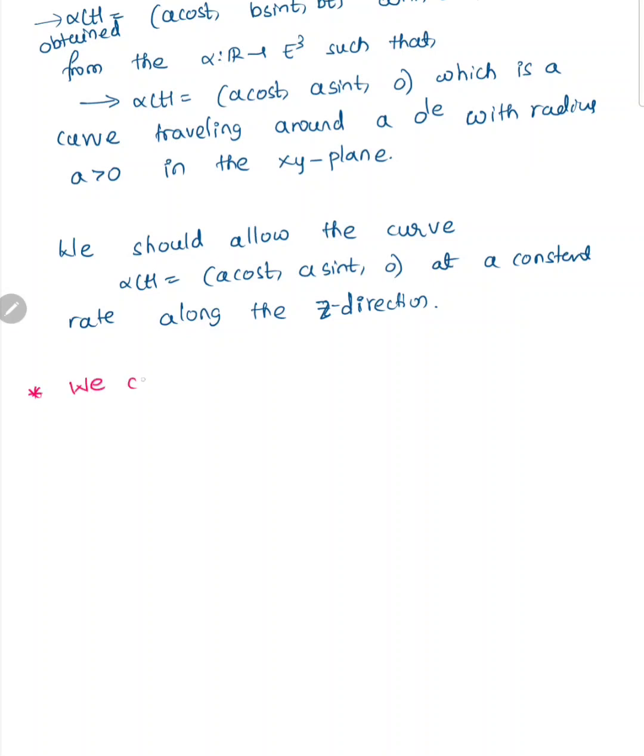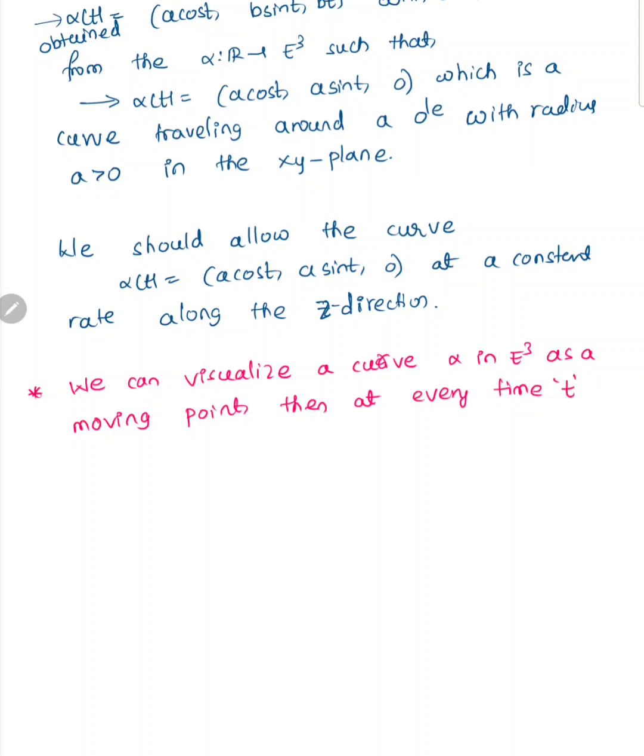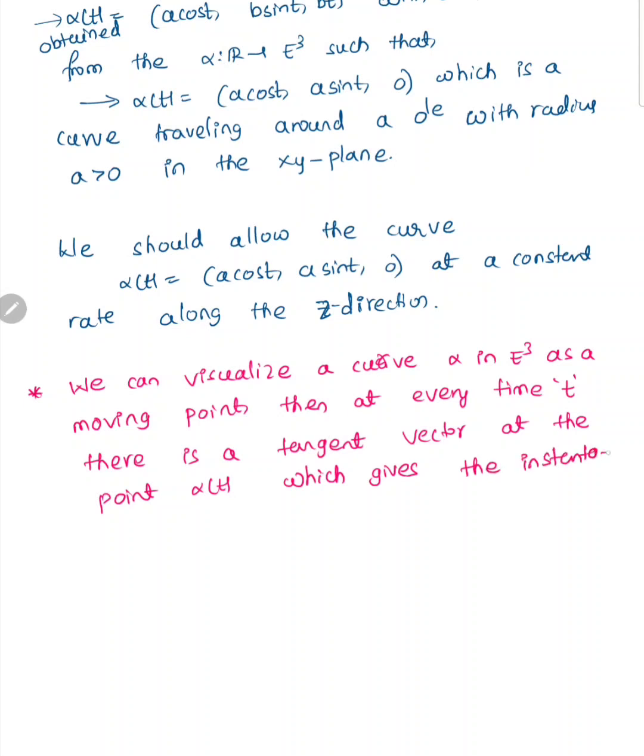So, we can visualize a curve alpha in E3 as a moving point, then at every instant time t, there is a tangent vector at the point alpha of t, which gives the instantaneous velocity of the curve alpha at that particular point.